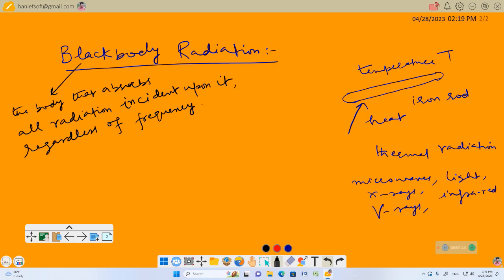The body that absorbs all radiation incident upon it, regardless of frequency.